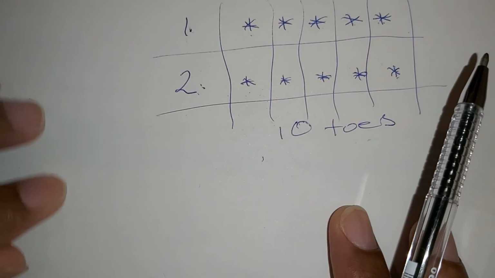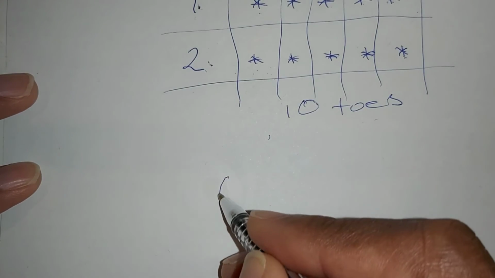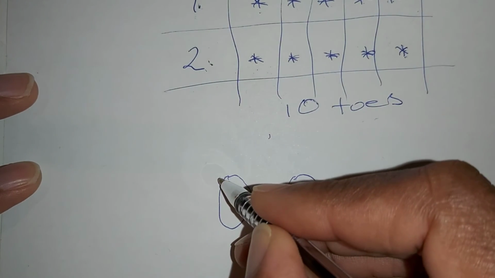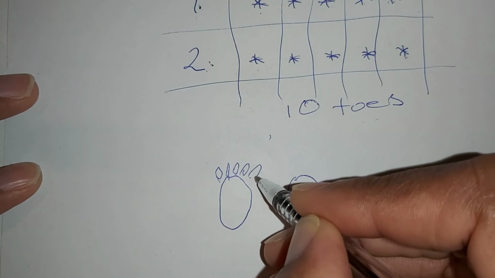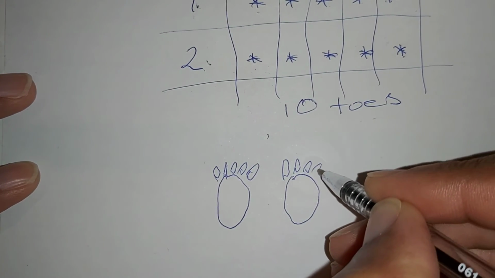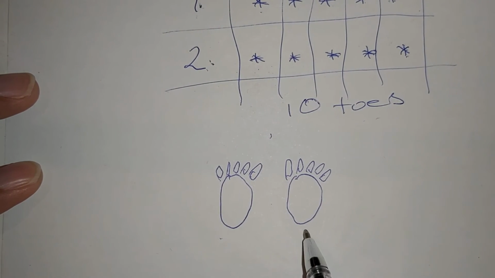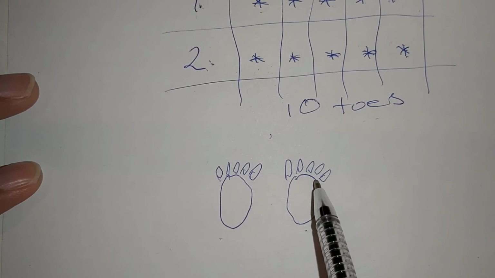Now, I could have done this differently. I could have drawn my 2 feet. 1 foot, 2 feet, and put 1, 2, 3, 4, 5, and 1, 2, 3, 4, 5. I could have drawn 2 feet with 5 toes each.